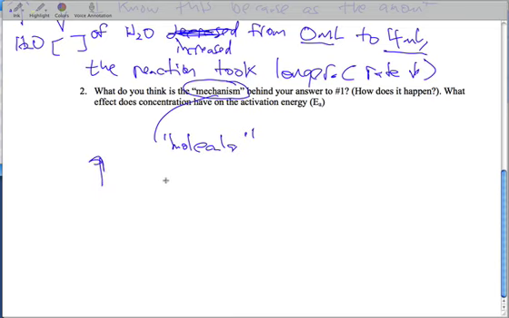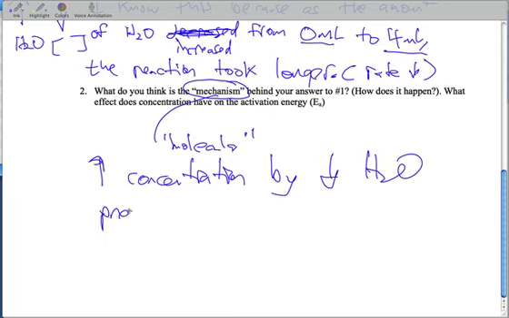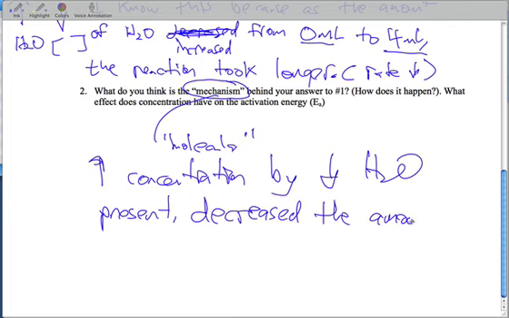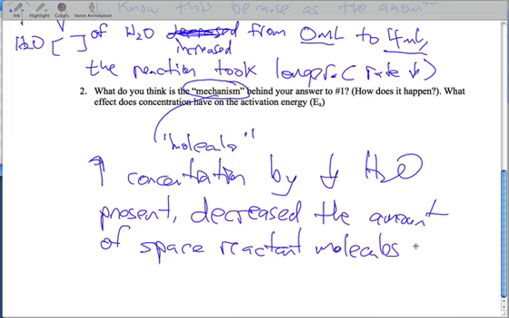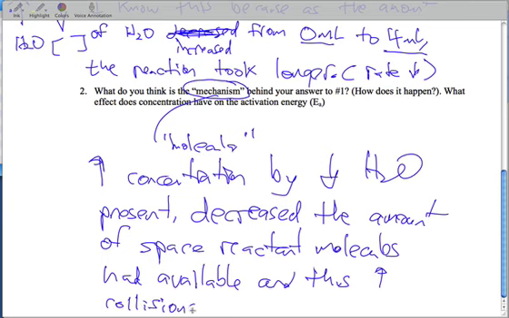So simply, we could say that increasing concentration by decreasing H2O present decreased the amount of space reactant molecules had available, and thus increased collisions. Spelling? I'm not sure if I spelled that correctly.